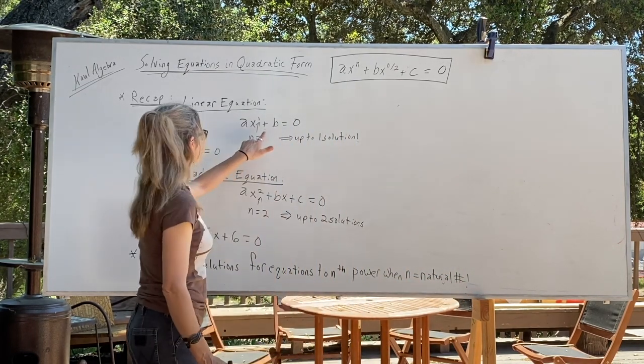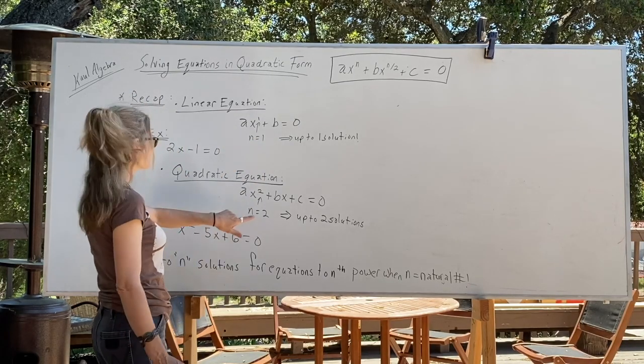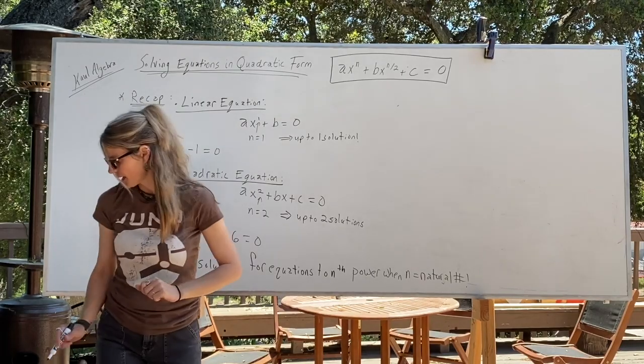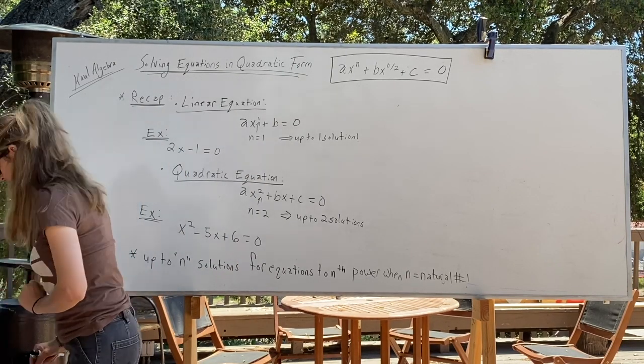Okay, so here we have the natural number 1. We have up to one solution. Here we have the natural number 2, so we have up to 2 solutions.